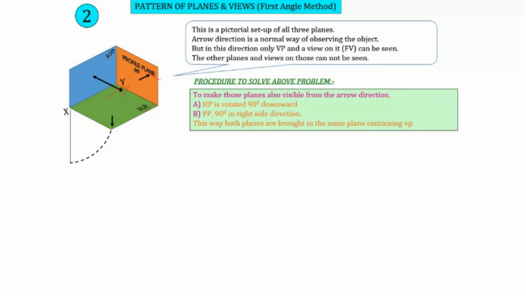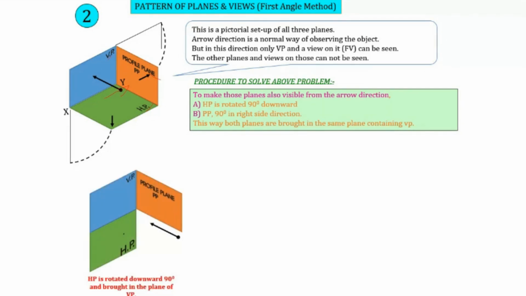And then the profile plane, in order to get it in plane with the vertical plane, what we do is we rotate the profile plane 90-degree anti-clockwise, in the opposite direction. So like this.